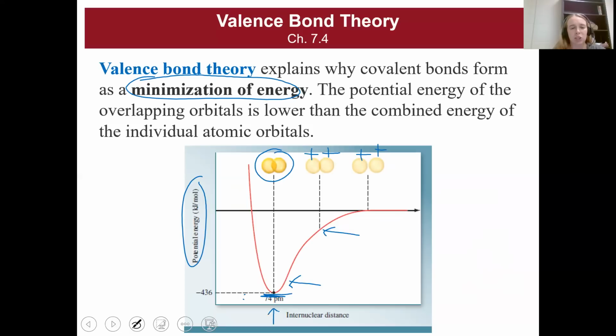And that minimization of energy means that when the bond forms, we have a release of 436 kilojoules of energy. So when we break bonds, we have to supply energy. Energy is absorbed to break a bond. When we form a bond, energy is released. So it's just the opposite.